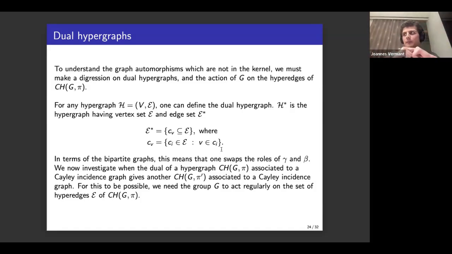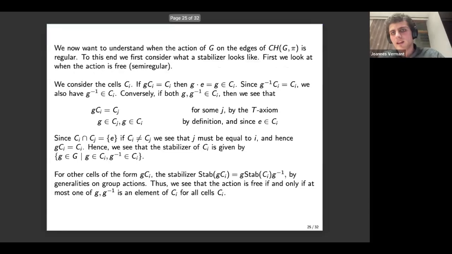So this means that by this Sabidussi type result, we need the action to be regular. So when is the action regular? Well, okay, first we need to look at when the action is free or semi-regular.